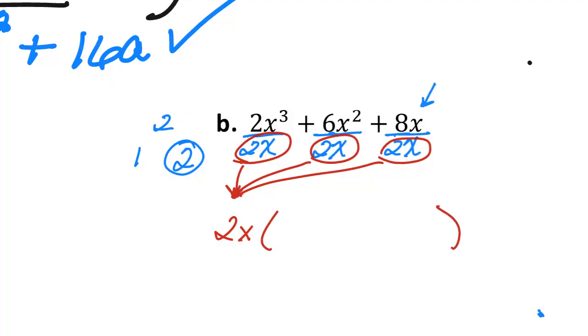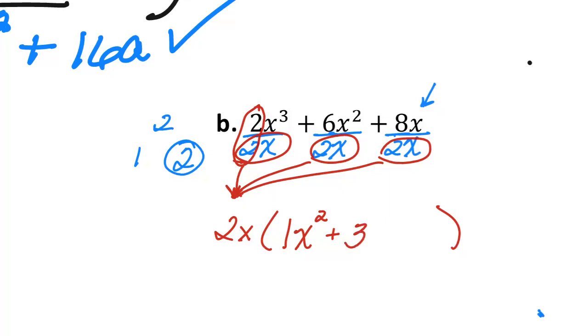All right, so let's divide. 2 divided by 2 is 1. X to the third divided by x is x to the second, right? You had 3 x's you were multiplying, and you divided and took away 1, so you have 2 left. Plus, what's 6 divided by 2? 3.